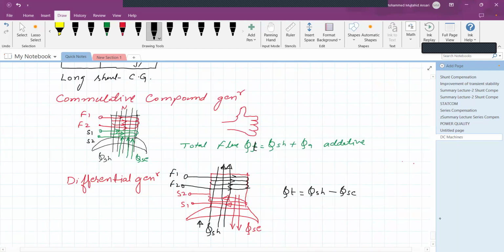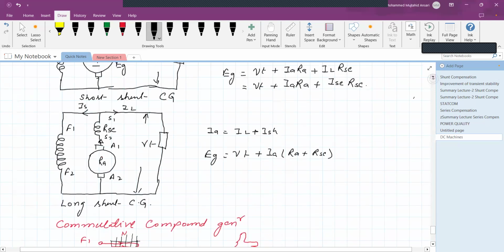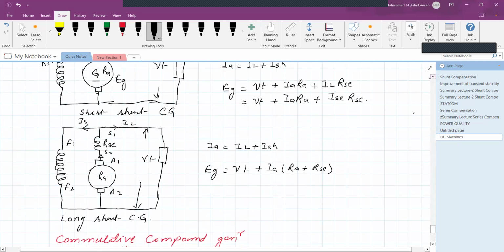So the construction and connection for the cumulative compound and differential compound look the same. Only, in the case of the cumulative compound generator, the current in the main field winding and the current in the series field winding are in the same direction, so it becomes cumulative.